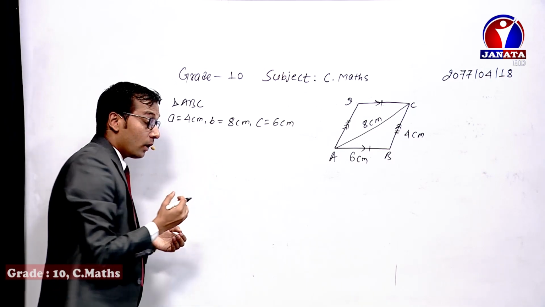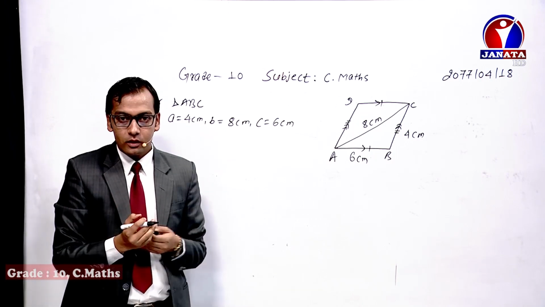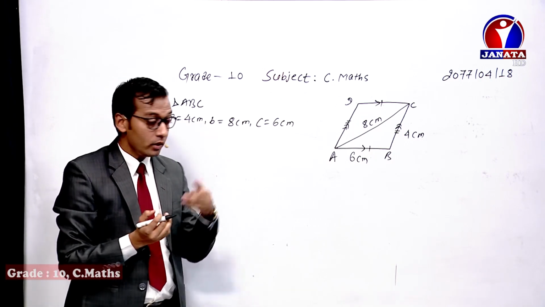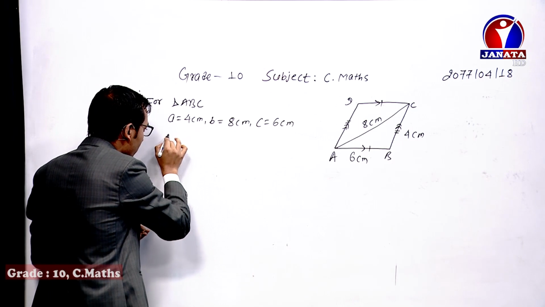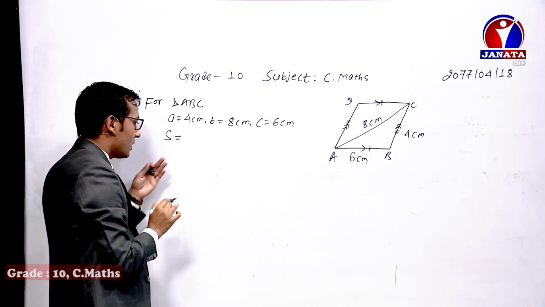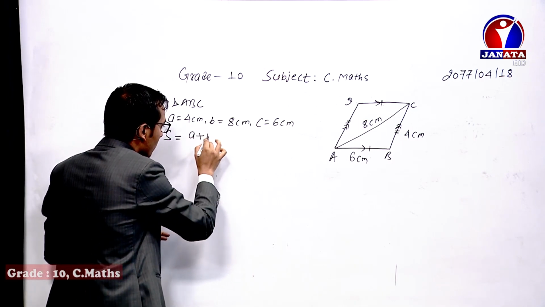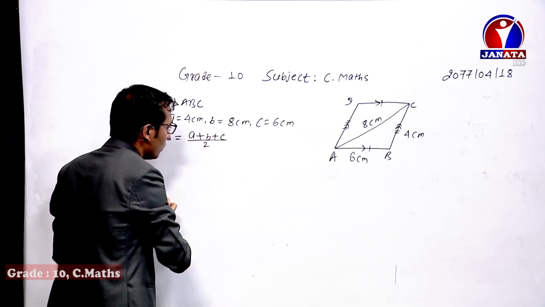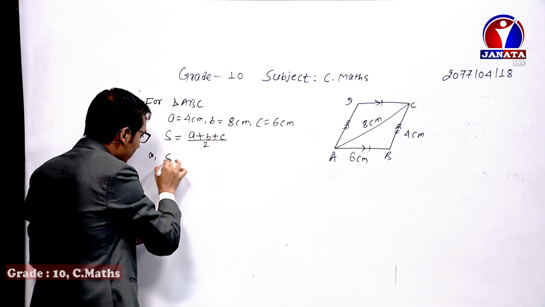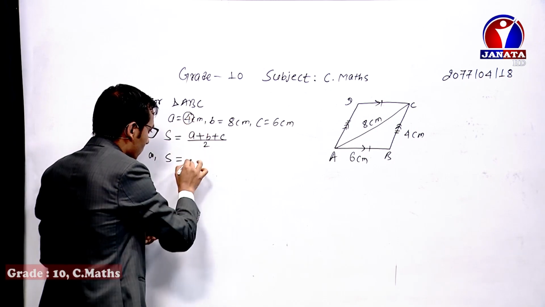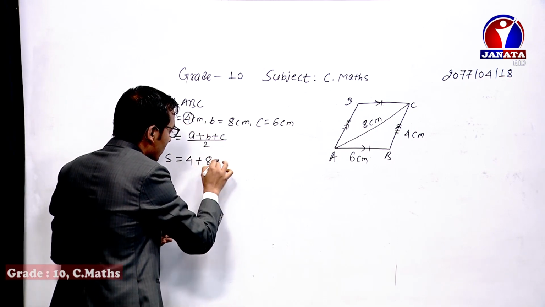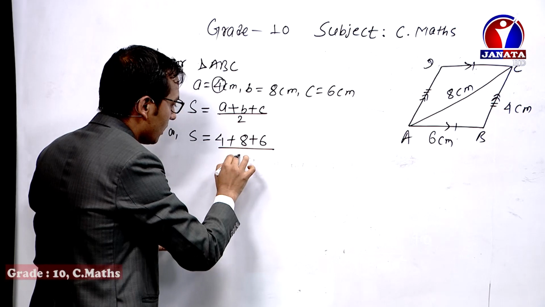In Heron's formula, there is a term s, and that is the semi-perimeter. So let's first of all find the semi-perimeter. s, the semi-perimeter, is a plus b plus c over 2. What is a? 4. b is 8, plus 6, divided by 2.